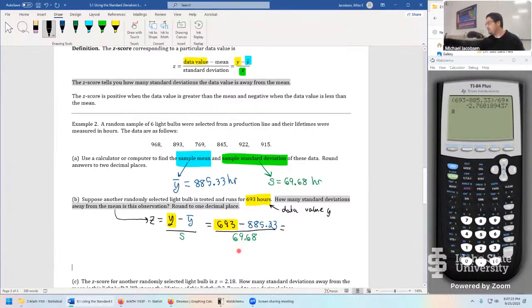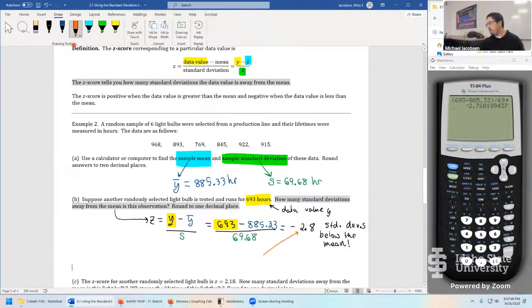That's pretty unusual. So it is, to 1 decimal place, negative 2.8, rounding up, standard deviations below the mean. Deserves an exclamation mark because, again, that's pretty unusual for these data.